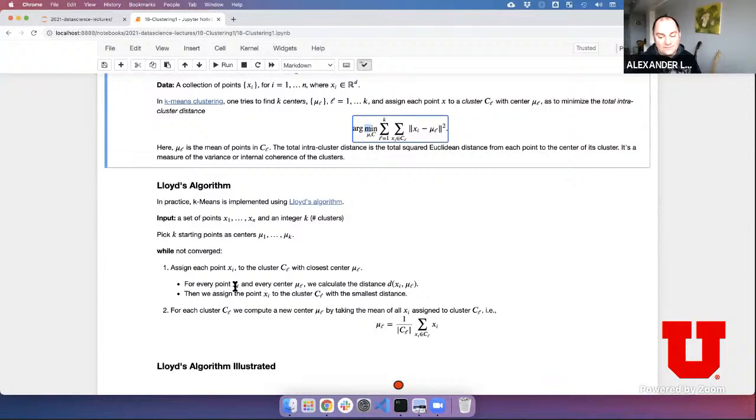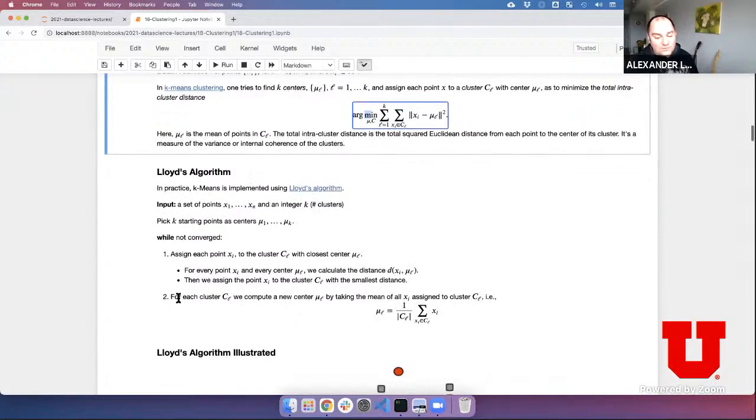We calculate the distance from this particular point xi to its centroid, and then we assign that point to the cluster CL with the smallest distance. Then we compute for each cluster a new center by taking the mean of all of the items assigned to the cluster. This is the formal definition. I'm going to briefly sketch this on my iPad here.